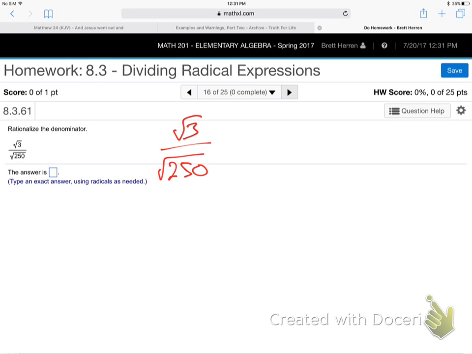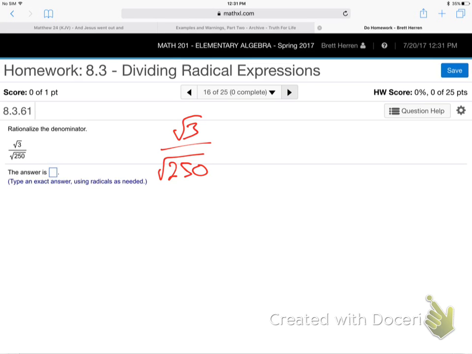All right, so try that root 3 over root 250. So break down that 250.